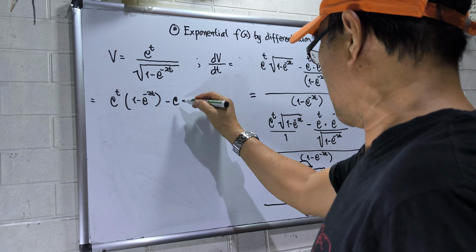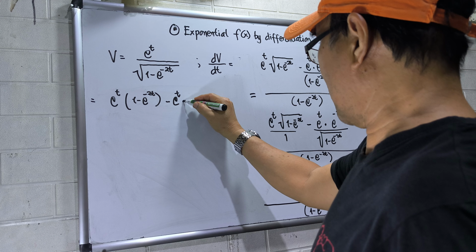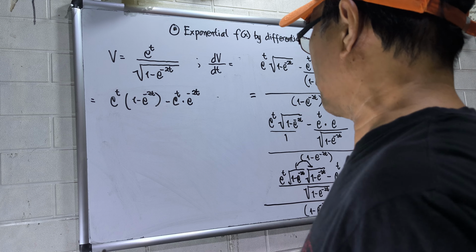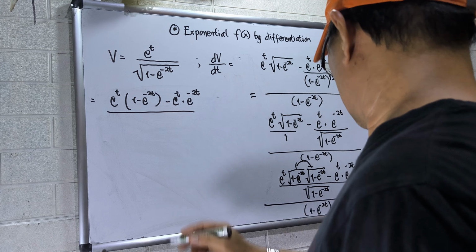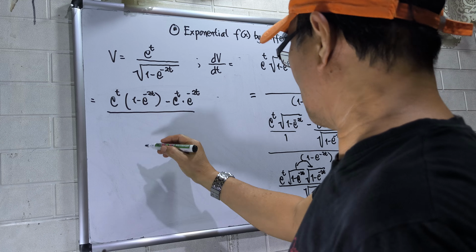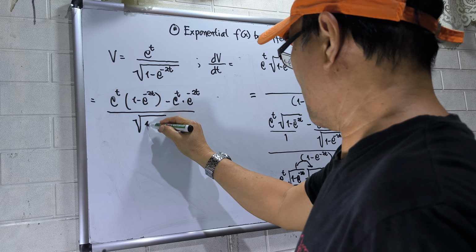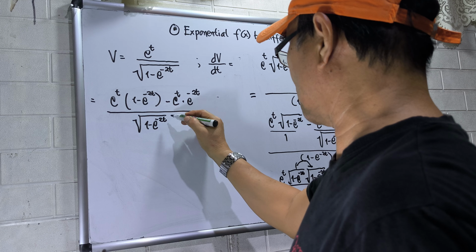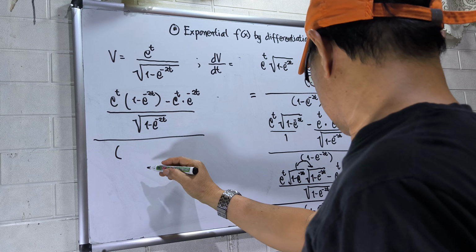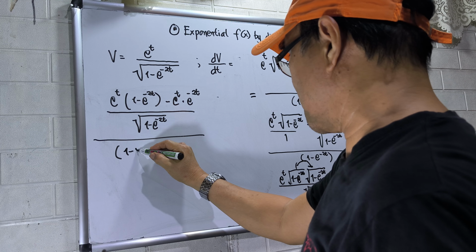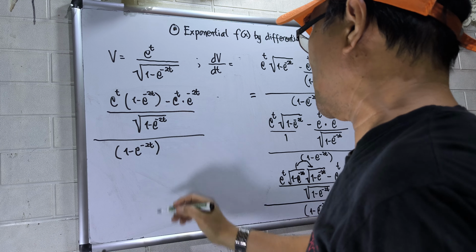And then minus e to the t times e to the negative 2t. Okay, then this will be over the square root of 1 minus e raised to the negative 2t. Then all over 1 minus e raised to the negative 2t.